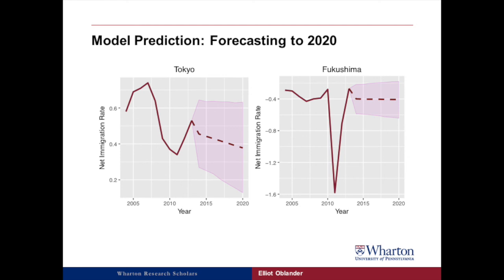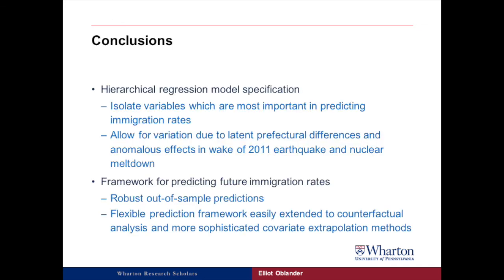We can also use more sophisticated covariate imputation methods in order to see how immigration rates might vary under various counterfactual circumstances. To summarize, we've modeled net immigration rates between prefectures of Japan based off of a hierarchical regression specification.